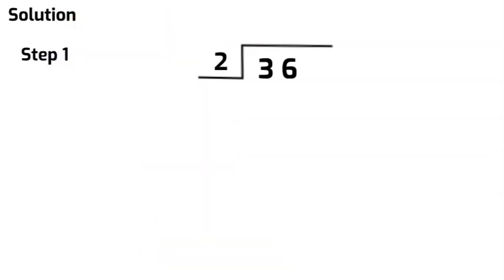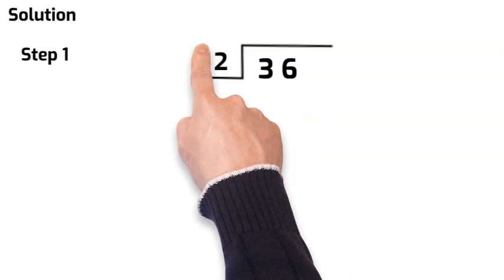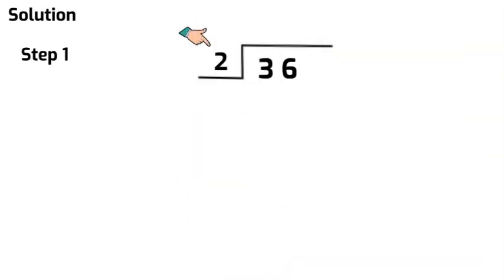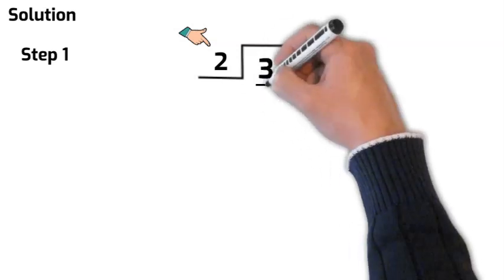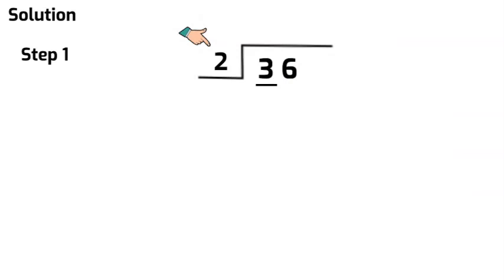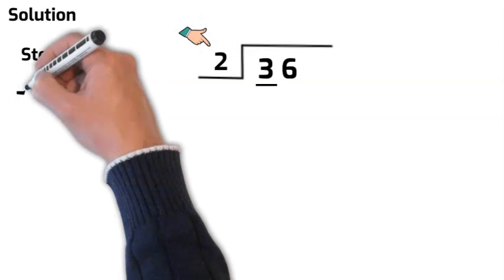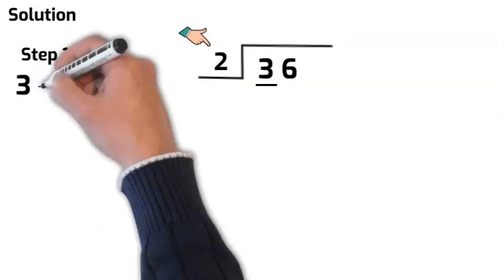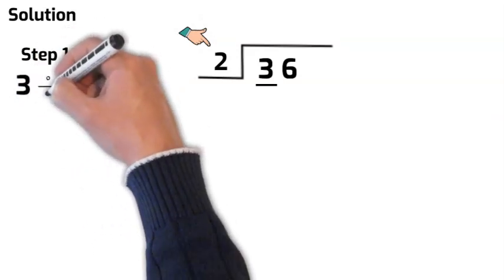In step 1, we will use the divisor to divide the first digit of the dividend. The first digit of the dividend is 3. How many times will 2 go into 3?